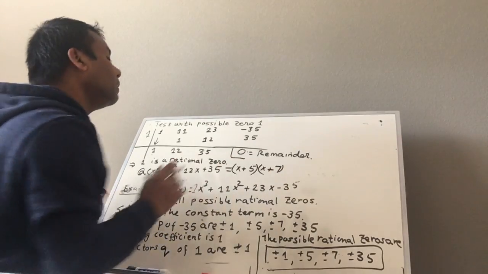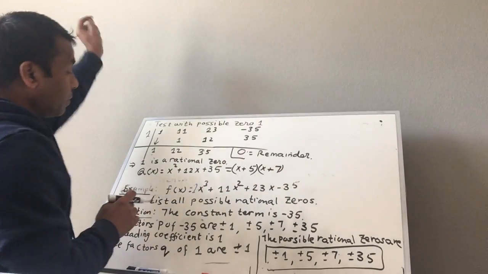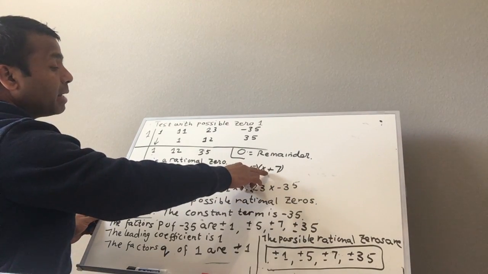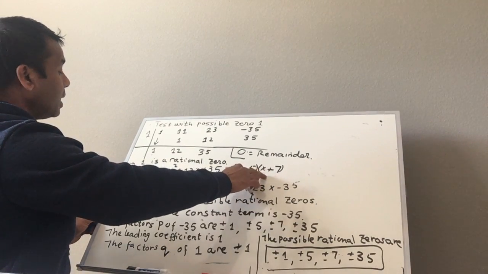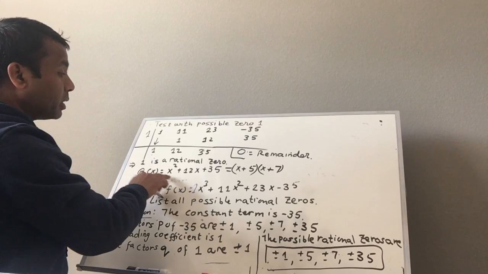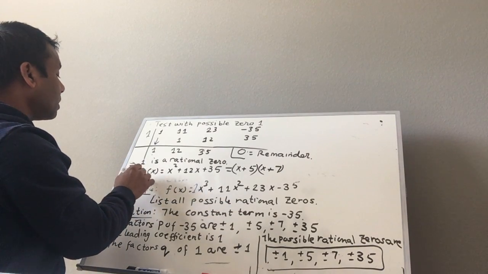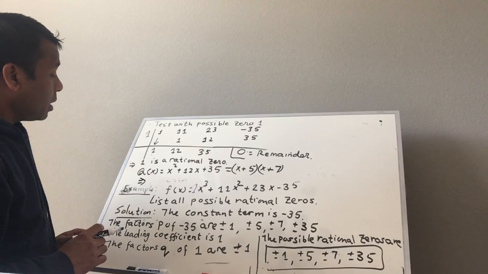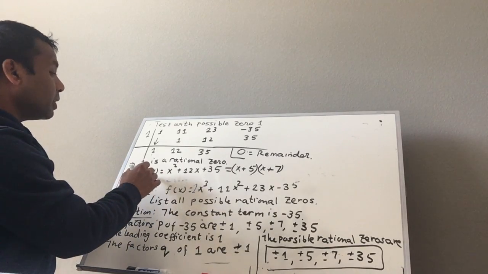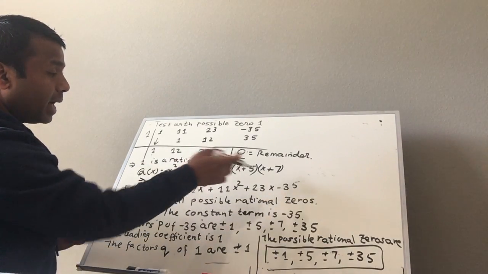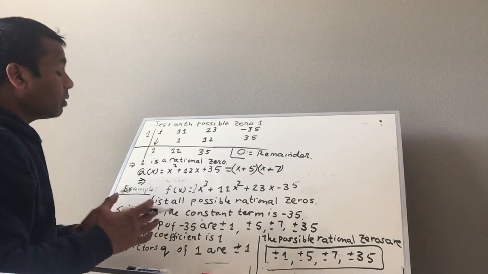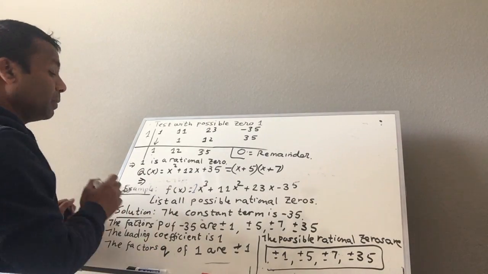So negative 5 and negative 7 make the quotient q(x) zero. That means x is equal to negative 5 and x is equal to negative 7. They are the other rational zeros.